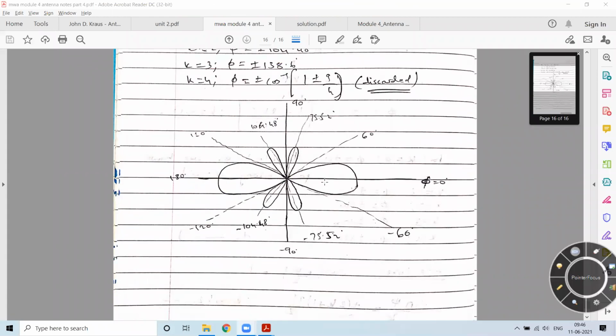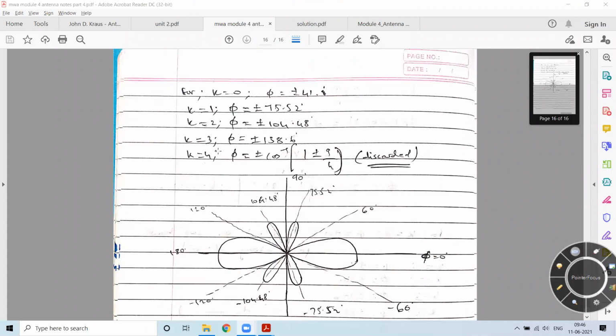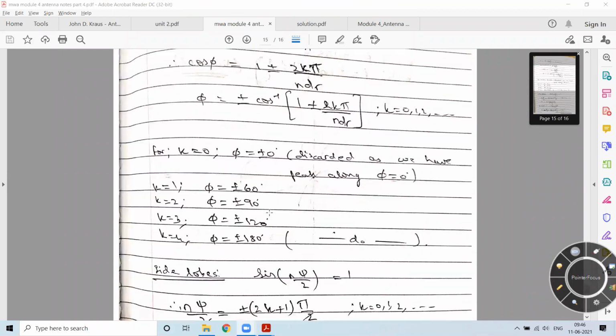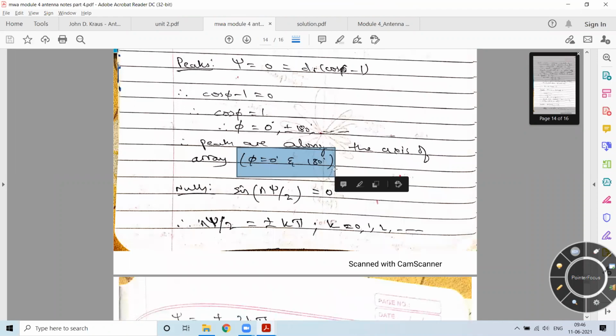So this is how we obtain the radiation pattern. First you have to obtain all the possible angles. First plot where the peak value is. This peak value is an indication that in that direction I am having a major lobe.